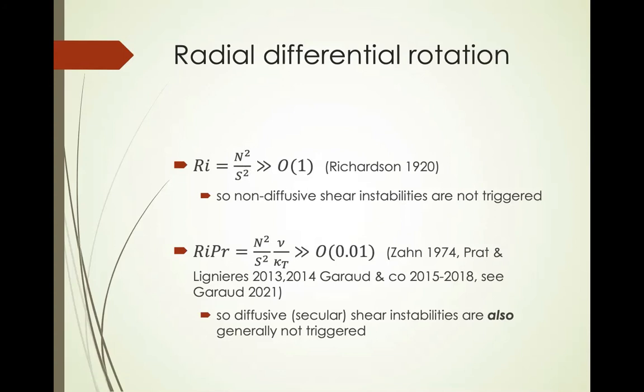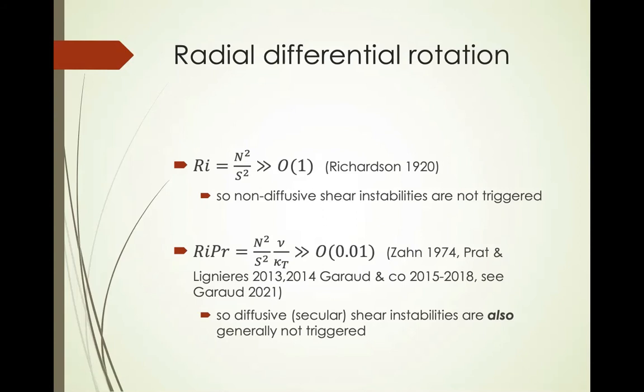And in 1920, Richardson argued that this ratio has to be smaller than something of order unity for shear instabilities to be sustained. But in stars, the Richardson number is enormous, typically of order of 100,000s or tens of millions. And so shear instabilities are typically not triggered.